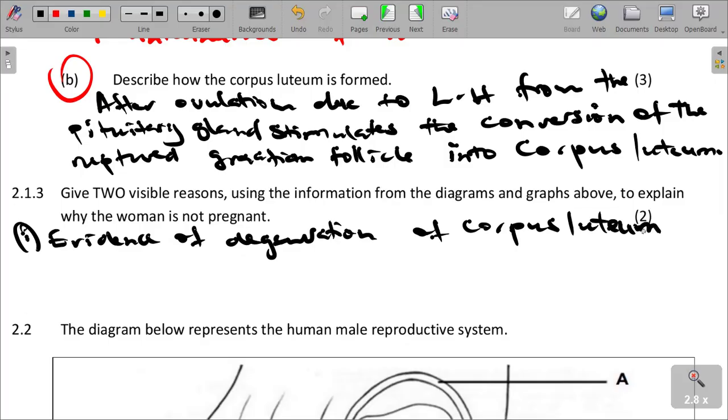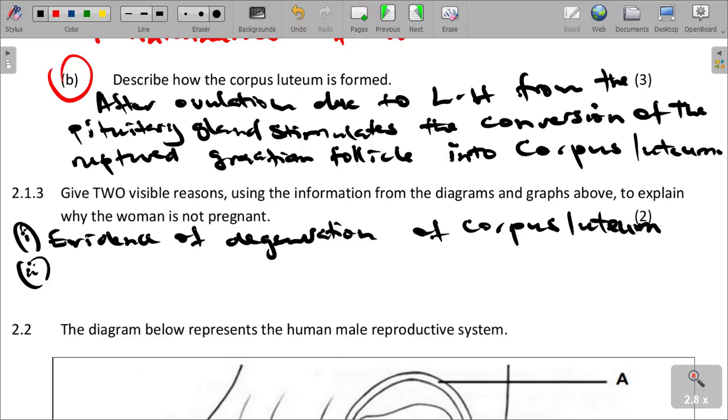Remember, we said the corpus luteum cannot grow small because it has to keep on producing progesterone hormone. So the woman is not pregnant because there is no further secretion. Evidence of degeneration of the corpus luteum shows that there is no pregnancy.